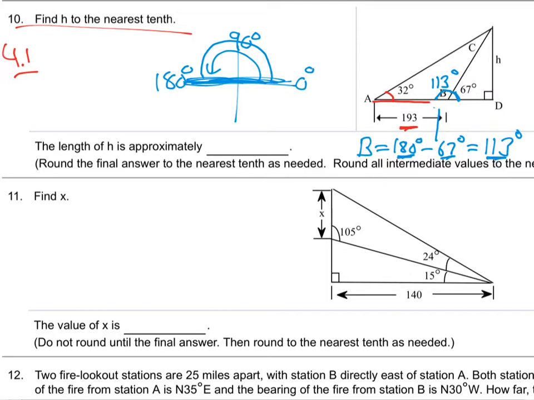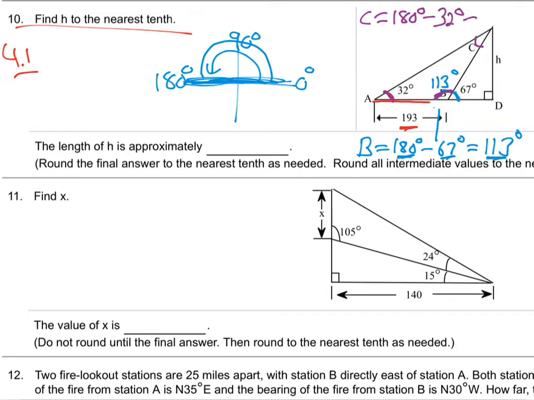Okay, great. So now that I have angle B 113 degrees, I can find angle C. Angle C is going to be, because every triangle holds 180, doesn't it? And this is the third angle in this triangle. So if you look at these three angles in the triangle on the left, they have to total 180.